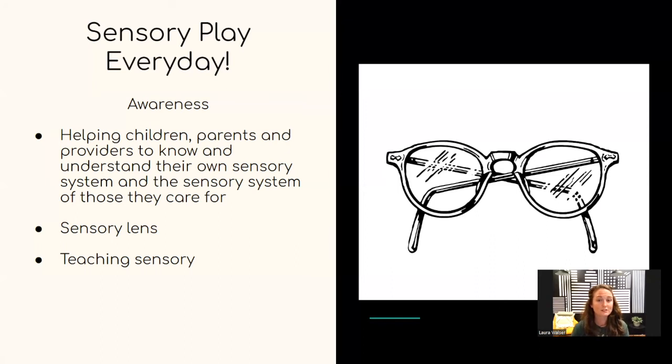So when we start to look at children from that sensory lens, we can start to help them to look at themselves in that same way and to learn things about their own sensory system, right? So we can help them to notice different patterns or different responses that they have and why they have them. So for example, if a child is really bothered by people being too close or in their space or in their bubble, we can start to help them to recognize that too and give them some tools to manage that, right?